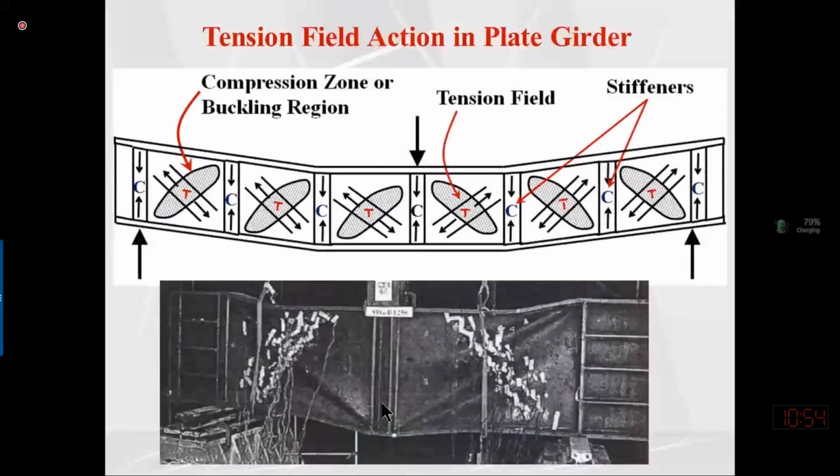After that, when the tension field action develops and we keep increasing the load, the failure will only occur once the yielding happens at the top flange junction and at the bottom flange.